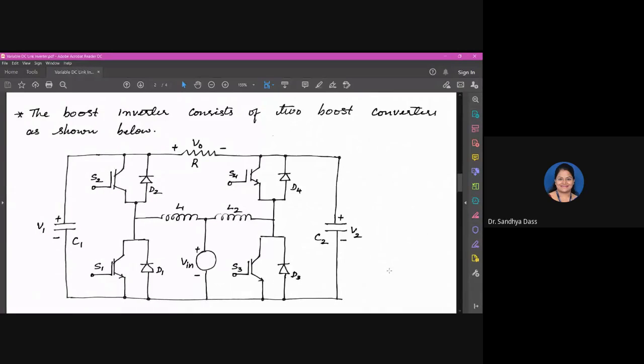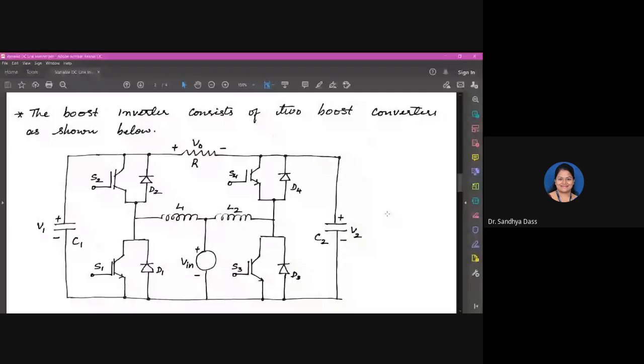Okay, so if you are controlling the two boost converters operating in two different modes, say one is operating in a boost mode and the other in the buck mode, that means one you are using to step up your DC input voltage level, and the other you are using to step down the input DC level.